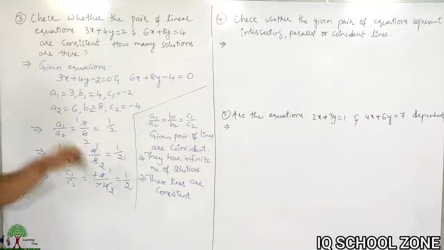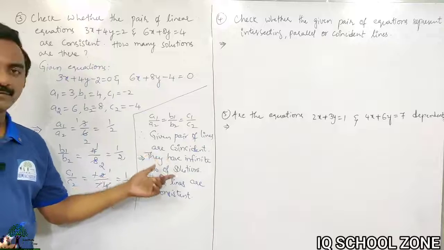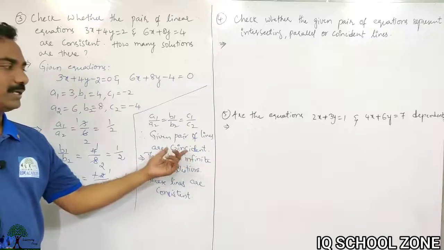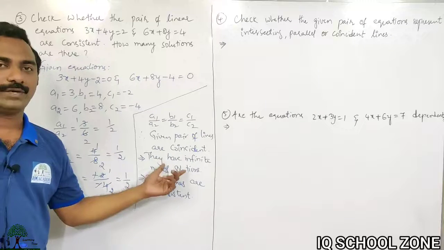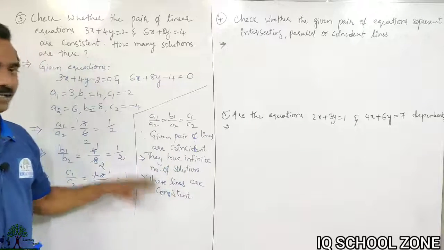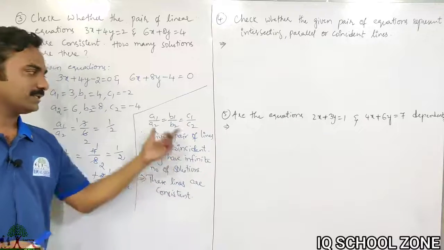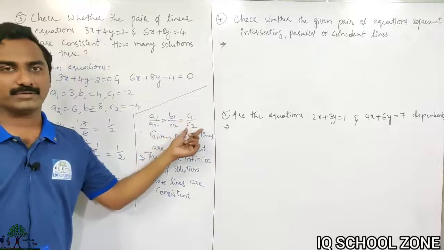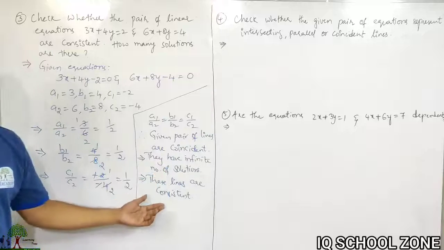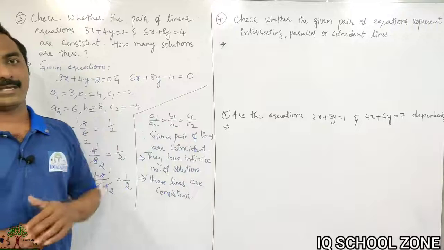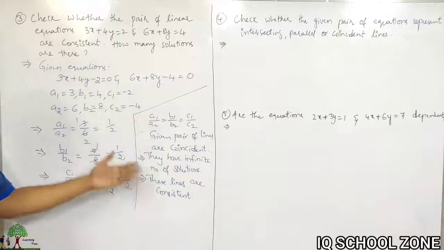So we can say that they have infinite number of solutions, they are consistent, and they are coincident. You can write in any order because this condition a1 by a2 is equal to b1 by b2 is equal to c1 by c2 satisfies all these three. So these three conditions you can write anywhere.